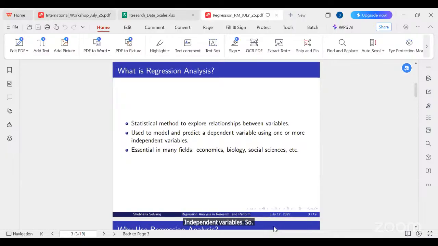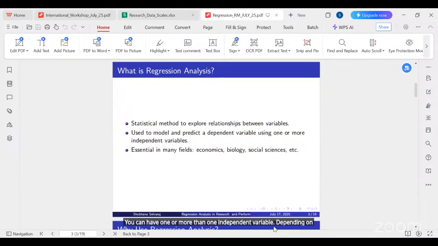Here you should first understand that there are two types of variables, and you should be able to identify which is the dependent variable and which are independent variables. Your dependent variable will be only one, that is the output, but to get that output you can have one or more than one independent variable.